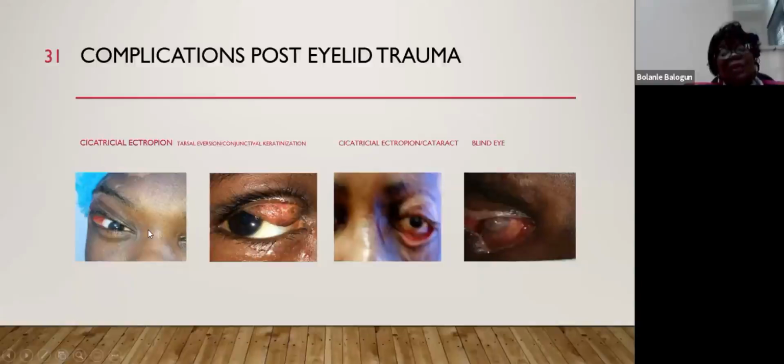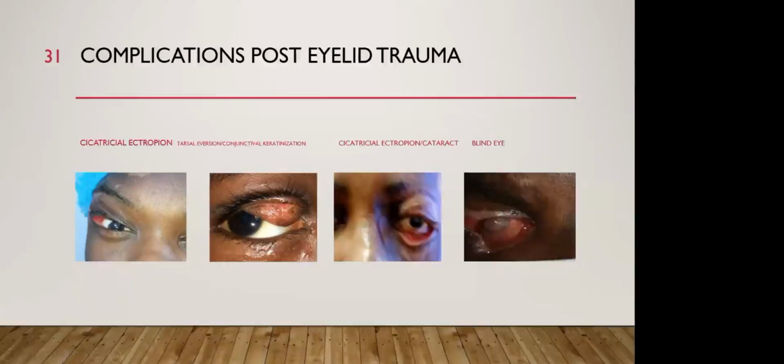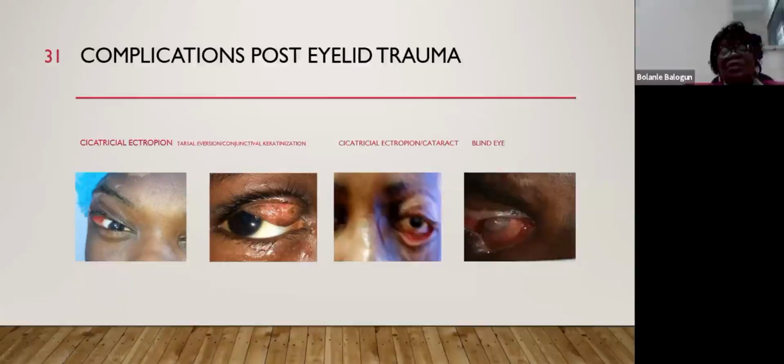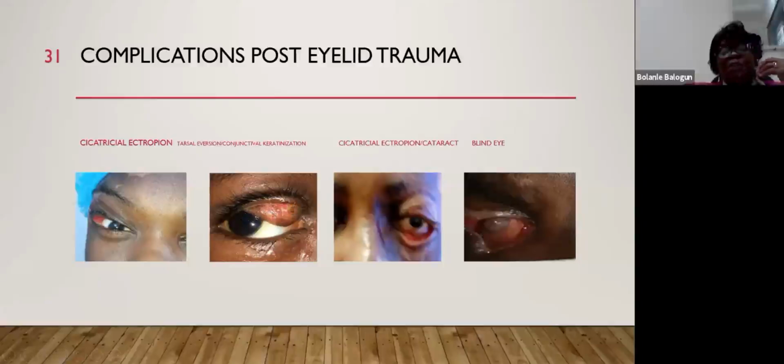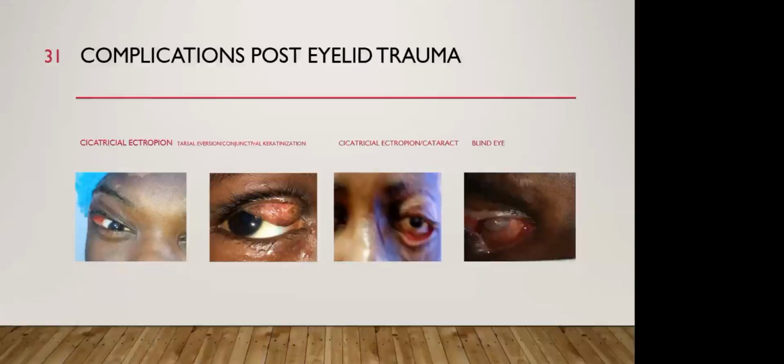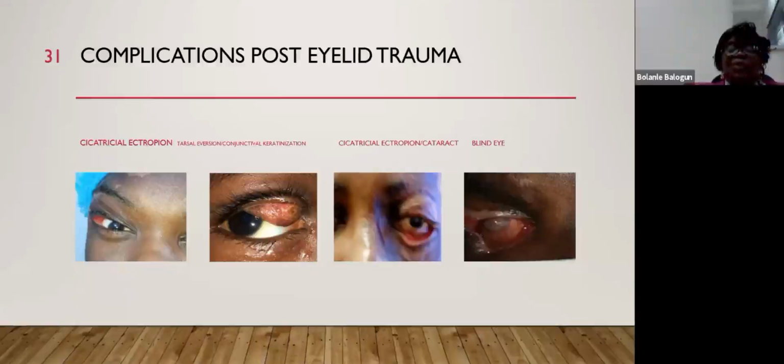Imagine this situation. This person can't go to work, can't go to school, can't socialize. The same in this patient who has tarsal eversion with conjunctival keratinization. So in this kind of patient, apart from having the eyelid repaired, we must also take proper care of the cornea, because with this amount of keratinization, if you fix this eye, you stand a risk of having corneal abrasion.